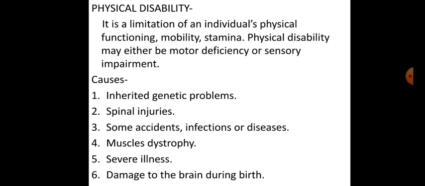It may also be related to brain damage which may occur before birth, during and after birth, or after a stroke. Sensory impairment is related to an individual's visual or hearing impairment. So these come under physical disabilities. Understand?